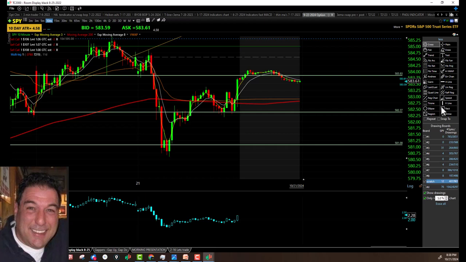All right? So what I do is I draw a little buy box in here. Okay, this is going to be my little buy box. Okay, as price comes down, those puts are going to go up. Remember, it's a put. So when price comes down, the value or the price of the put increases.